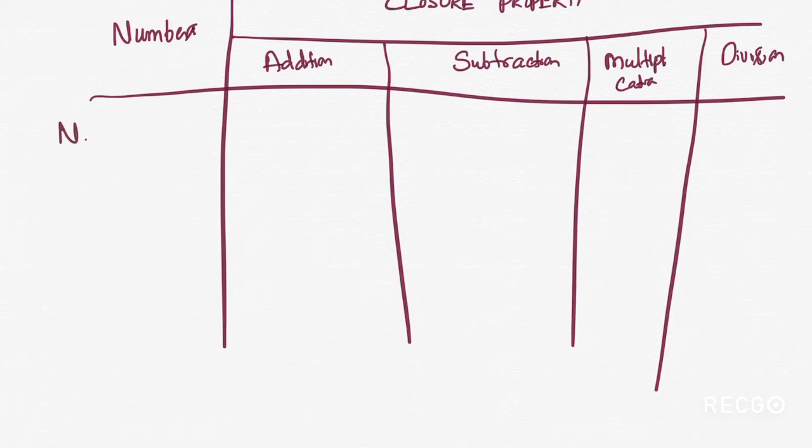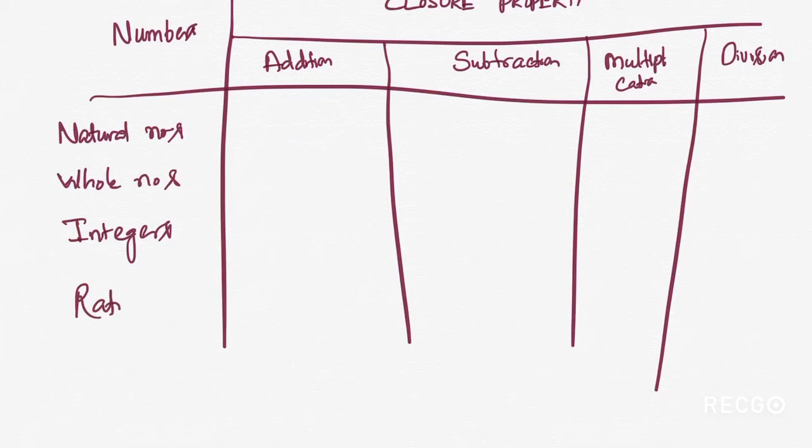And the numbers are natural numbers, whole numbers, integers, and rational numbers.